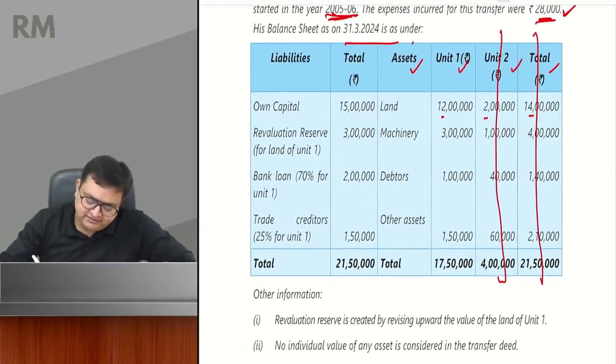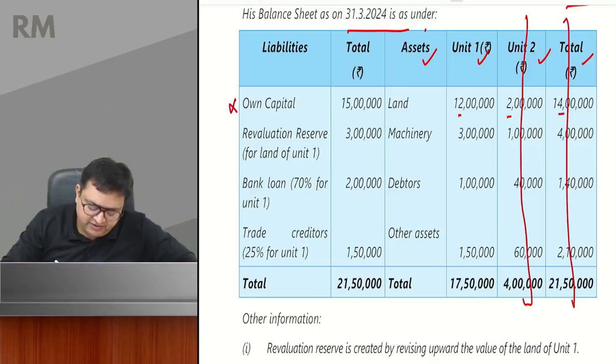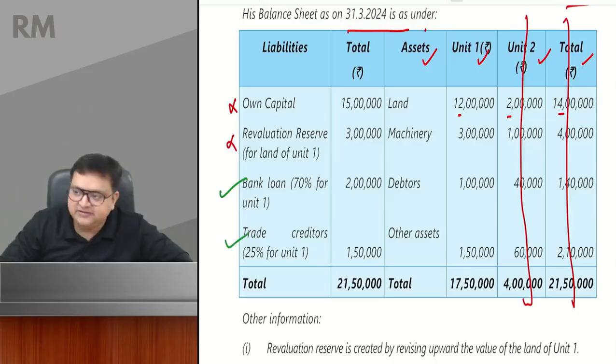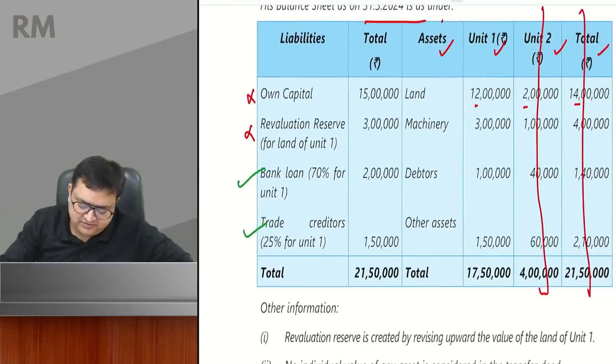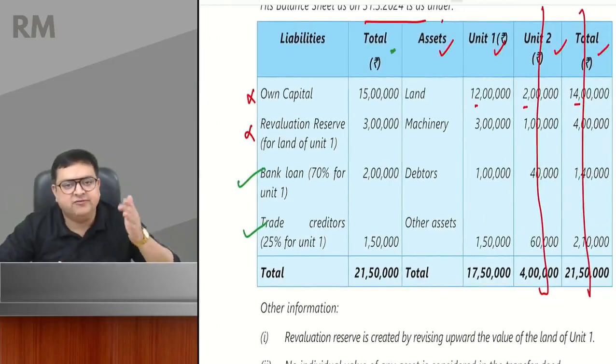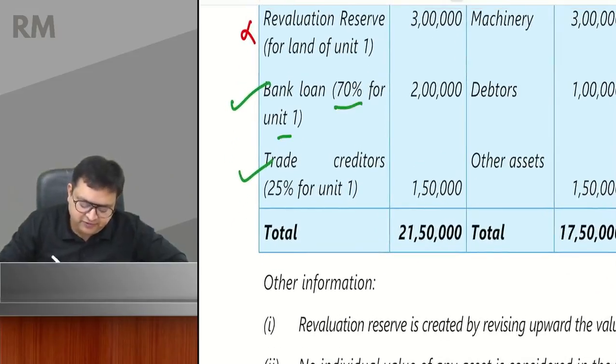Minus outside liabilities. What are the outside liabilities? Own capital is not an outside liability. Revaluation reserve is not an outside liability. Bank loan, yes, bank loan is an outside liability. Trade creditors are outside liabilities. They have not given the bifurcation for unit 1 and unit 2 for these liabilities, they have given the total. But still they have given the bifurcation here: bank loan 70% for unit 1 and trade creditors 25% for unit 1.